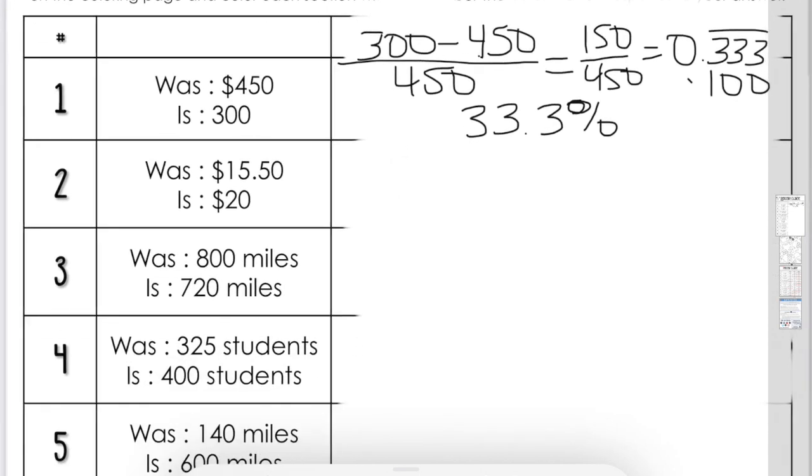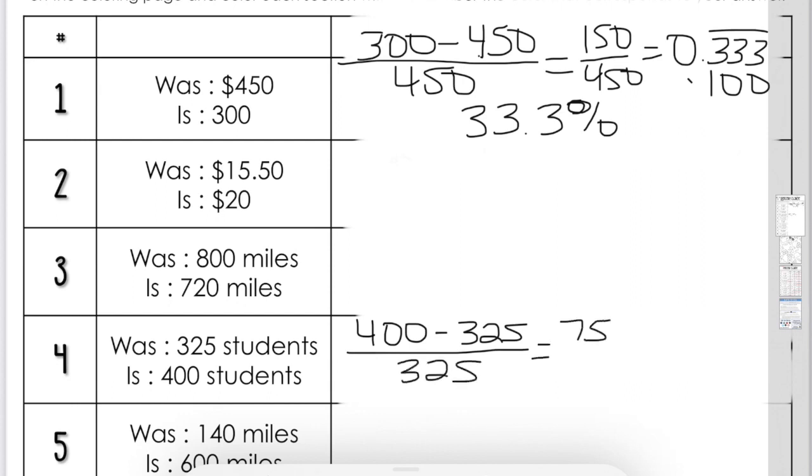Okay, let's go to number 4. So we have 400, our new amount, minus our original amount, divided by the original amount. So 400 minus 325 is 75.